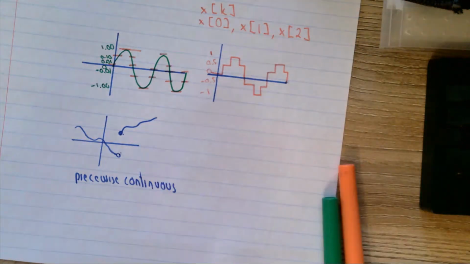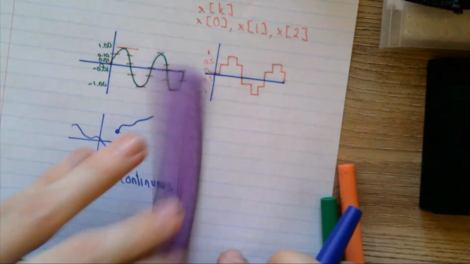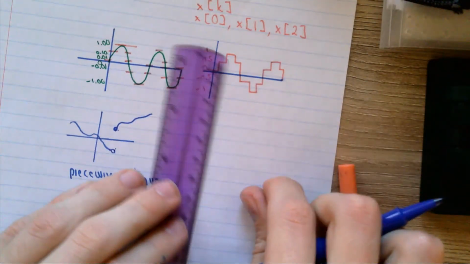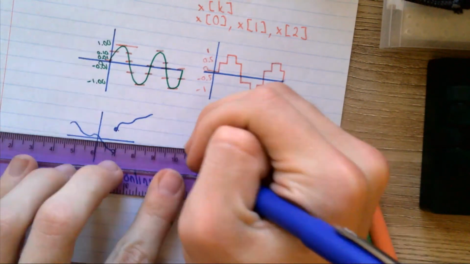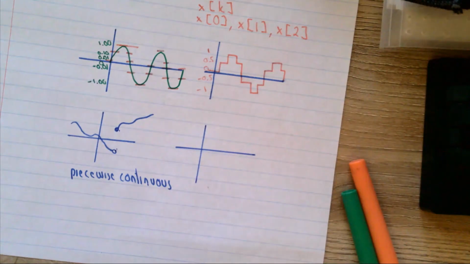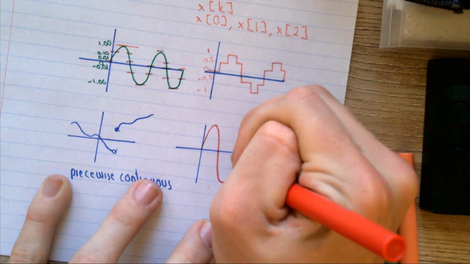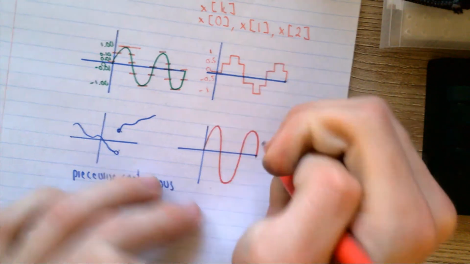I also want to note the difference between sampling and quantizing. We say a digital signal is sampled and quantized, so what does that mean? When you sample it, let me draw this out, and I'm going to use different colors to help you understand. We have this original signal here, and the sampling of it.